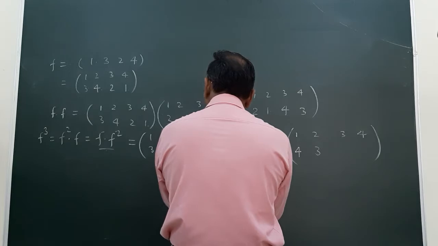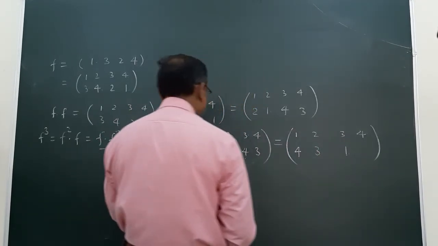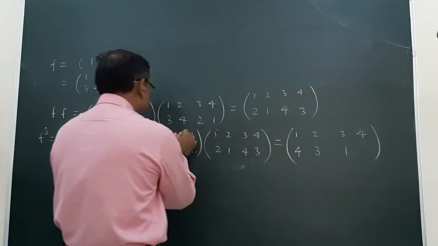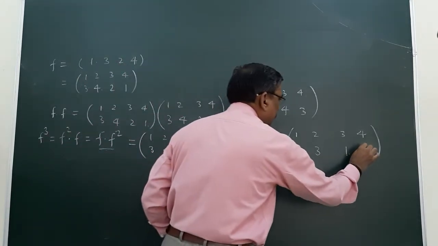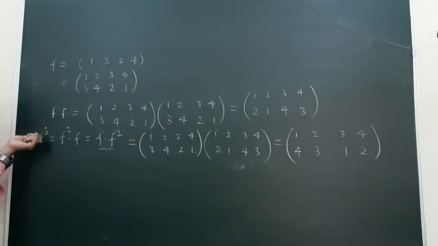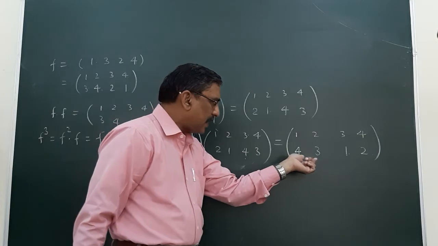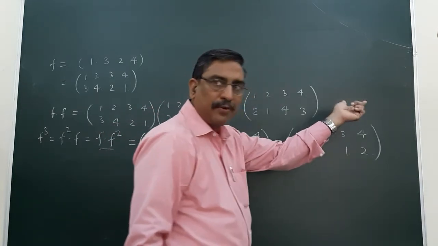The image of 3 is 4 and the image of 4 is 1, so I can write 1. And the image of 4 is 3 and the image of 3 is 2, so I can write this. Thus we can find f cube, and yet we notice here that it is not an identity permutation.